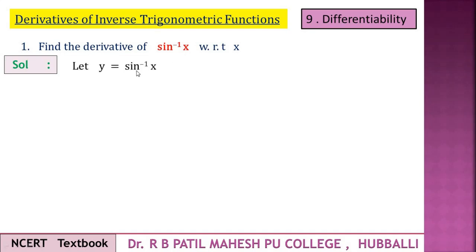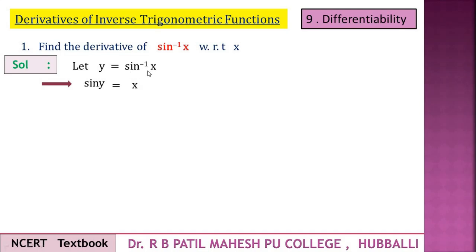Let y is equal to sine inverse x. Whenever an inverse function is transferred, it becomes trigonometric. So let me transfer the sine inverse to the left side. This implies sine y is equal to x.